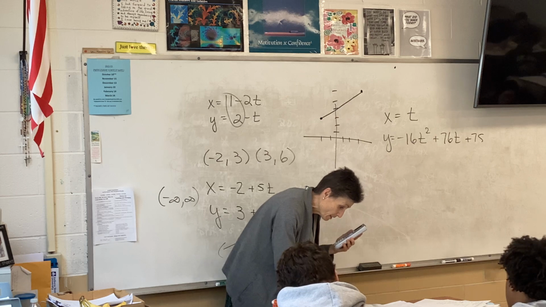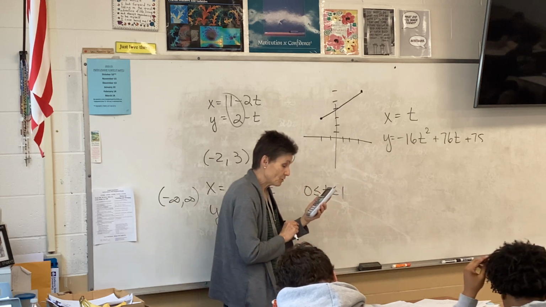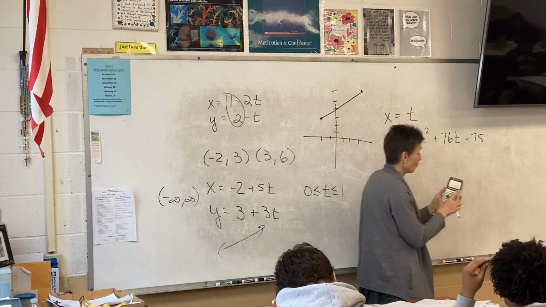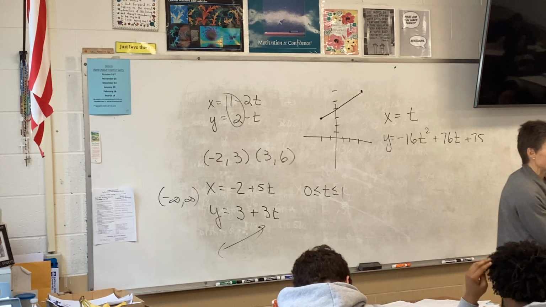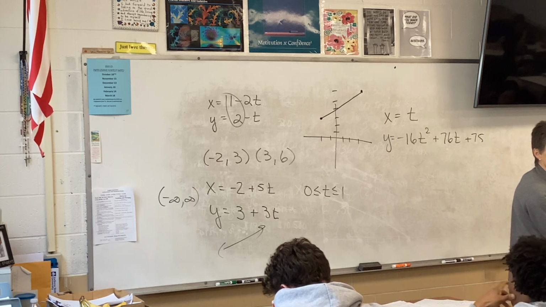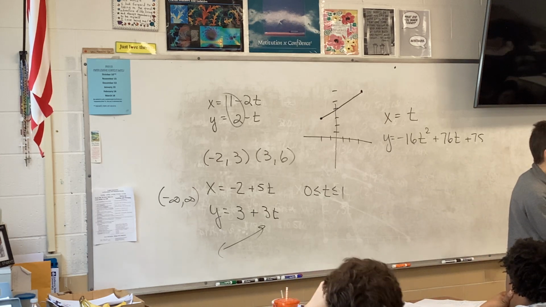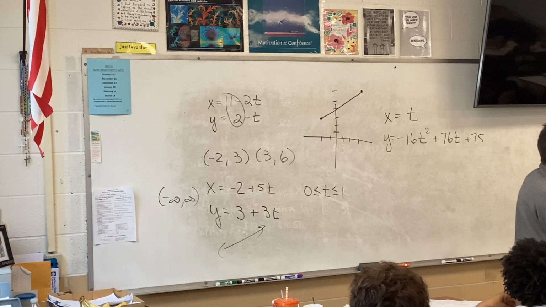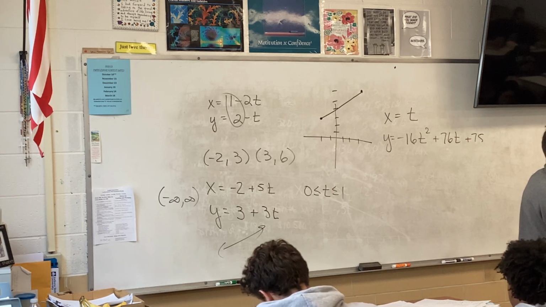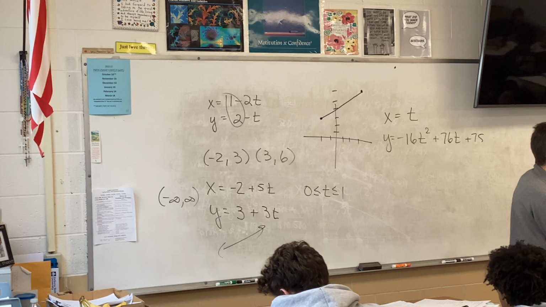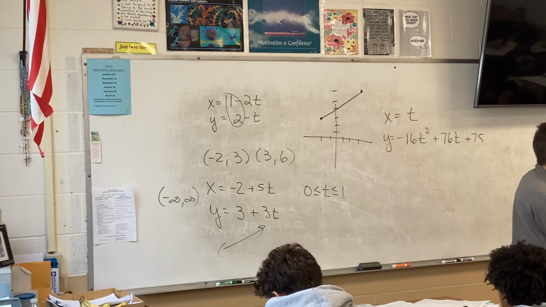Now, here's what I'd like you to do. I'd like you to press your trace button. We haven't used our trace button very much, but press it and then use your arrow to watch the ball. Are you watching it go up? And then it's going to come back down.